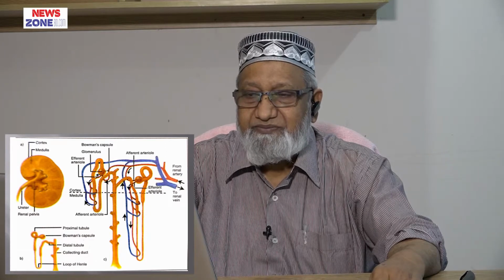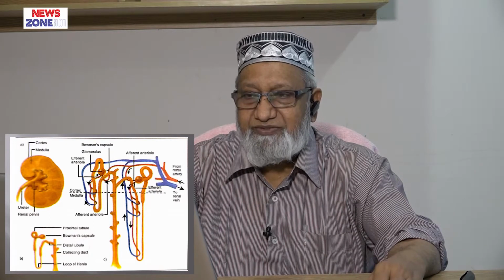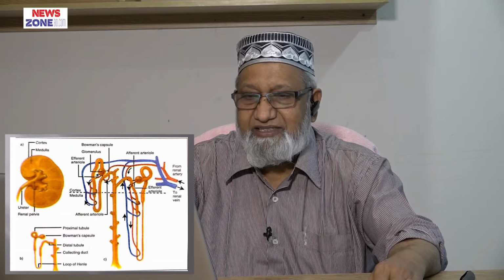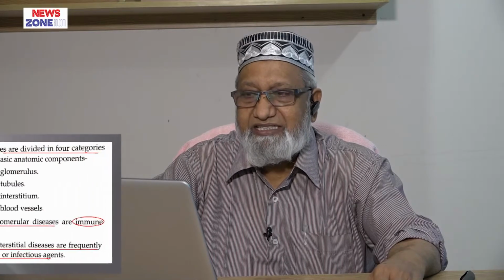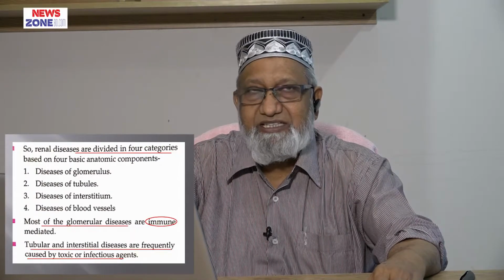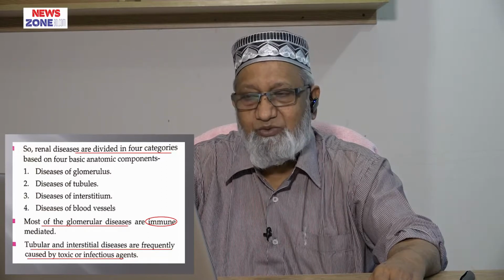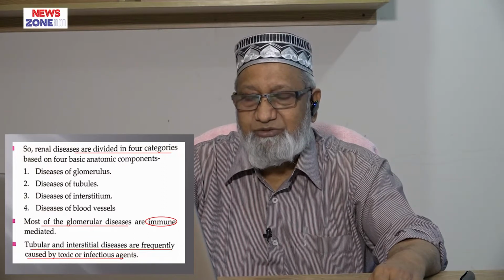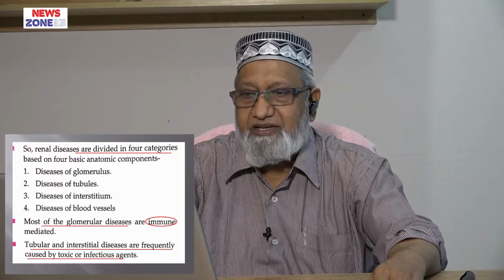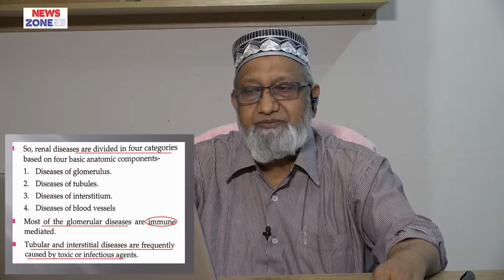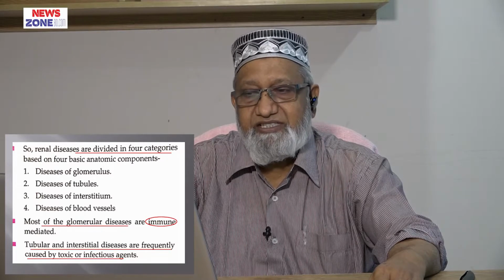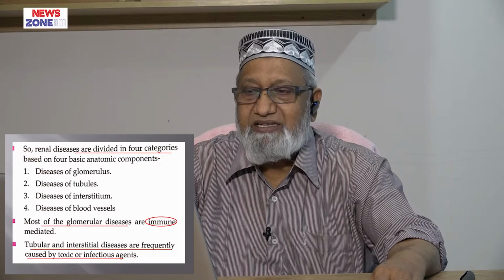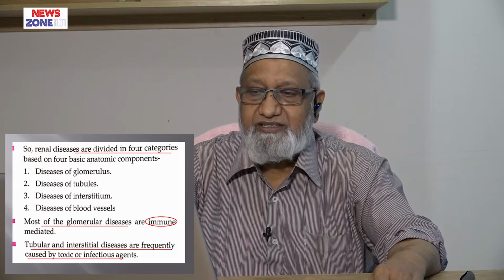Glomerulus is a tuft of capillary vessels and it is covered by a capsule. So, the renal diseases are divided into 4 categories based on 4 basic anatomic components: diseases of the glomeruli, renal tubules, diseases of the interstitium and diseases of the blood vessels.